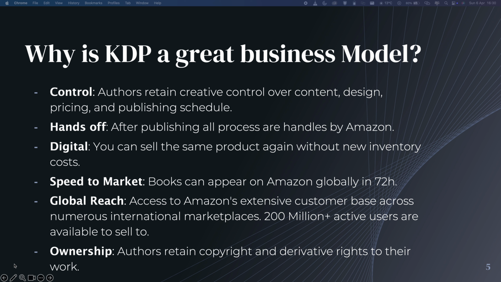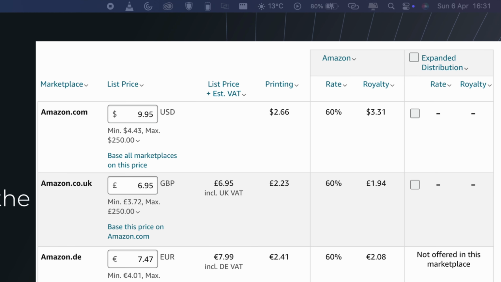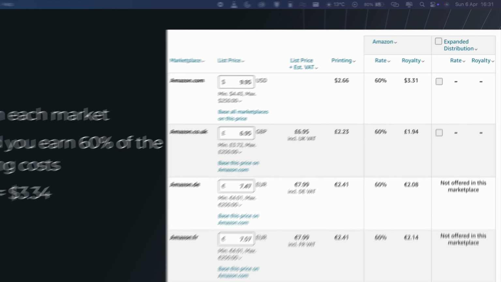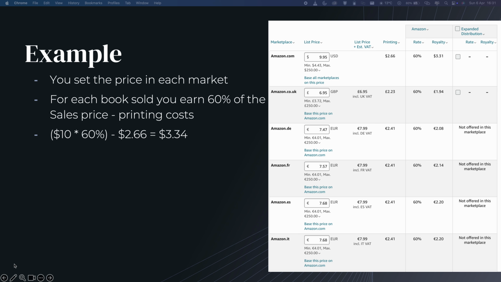Let me give you an example of how much money you can earn with a single sale of a printed book. For each book, you can set a price in every Amazon marketplace like United States, Canada, UK, Germany, and so on. Here you can see the sales price, the printing cost, and the resulting royalty. For each sold book, you earn a royalty.